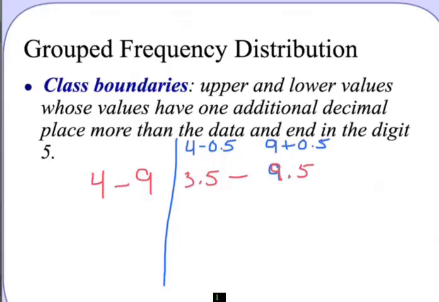So I'm going a little bit below this number and a little bit above this number. So I've got half a space below and half a space above to get my class boundaries. On the lower limit, I'm always going to go lower, so I'm going to subtract 0.5. On the upper limit, I'm always going to go up, so I'm going to add 0.5. And we will see how this is done in a few moments when we get into an example as well.